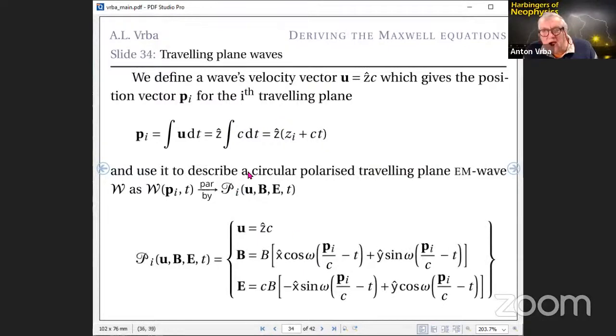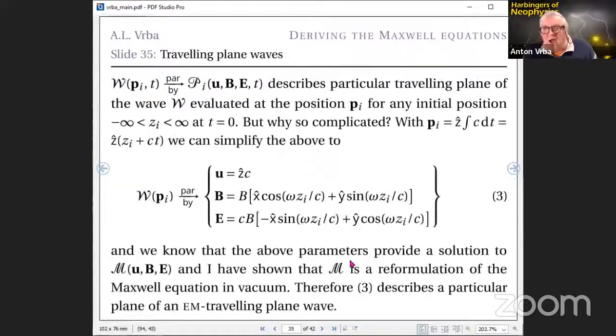We know what pi is because we've evaluated it there, and it just simply comes down to the traveling plane parameterized to values without t. They are just all fixed values, and this is basically what a radio wave looks like.